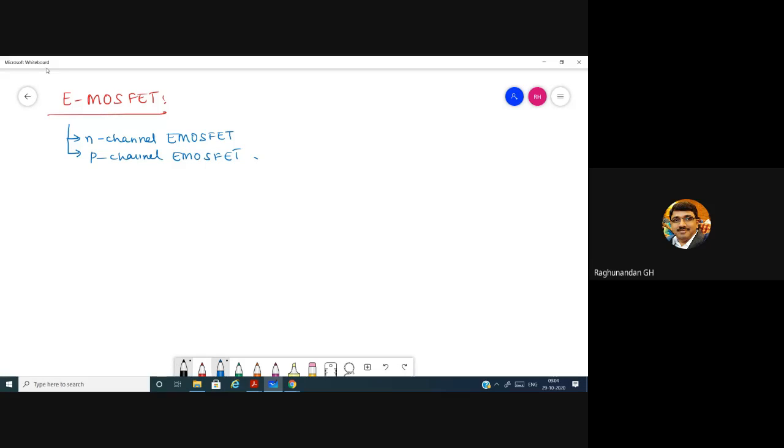So first, N channel E MOSFET. In the N channel E MOSFET, the construction looks almost the same, but one thing you should remember: in enhancement MOSFET, we are not going to have a permanent channel.